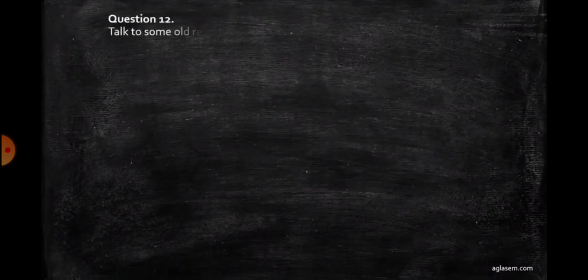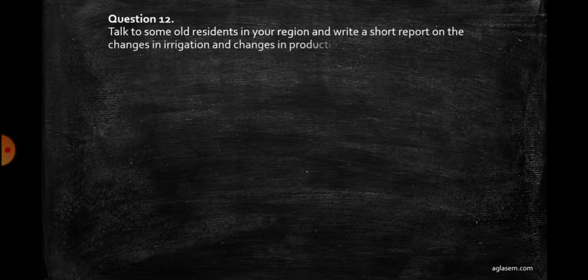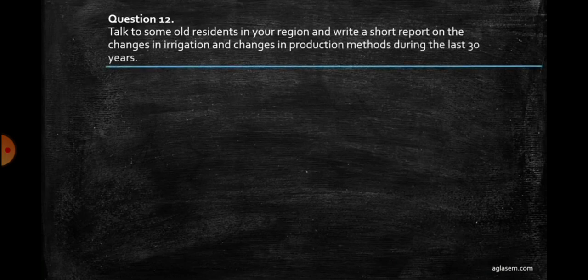Next question is, talk to some old residents in your region and write a short report on the changes in irrigation and changes in production methods during the last 30 years.